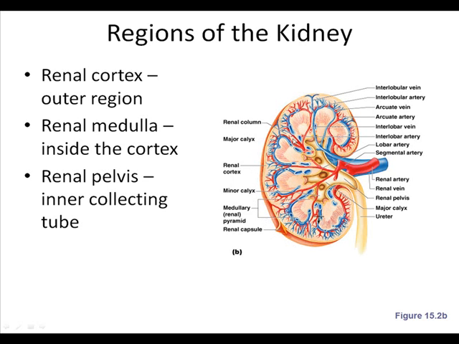The cortex and the medulla have different functions, and we'll talk about those relative to urine production. And then the deepest part of the kidney is the renal pelvis. The renal pelvis is really the collecting tubes of all the urine generated in the medulla of the kidney, and it drains from the renal pelvis into the ureters down to the bladder.